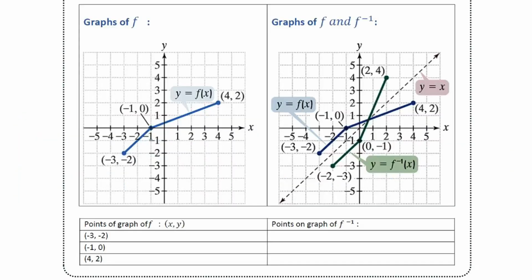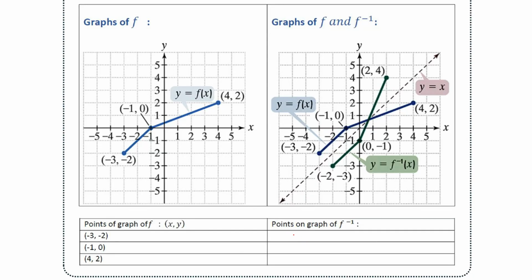So we're going to use the graph of f in the figure below to draw the graph and its inverse function. Okay, so the graph of f here is provided, and we have the ordered pairs (-3, -2), (-1, 0), and (4, 2). In our upcoming examples, our graph of f is going to be given as an equation, so that means we're going to have to find some ordered pairs. Once we find those ordered pairs, though, we can find the ordered pairs of our inverse by switching the x and y coordinates.